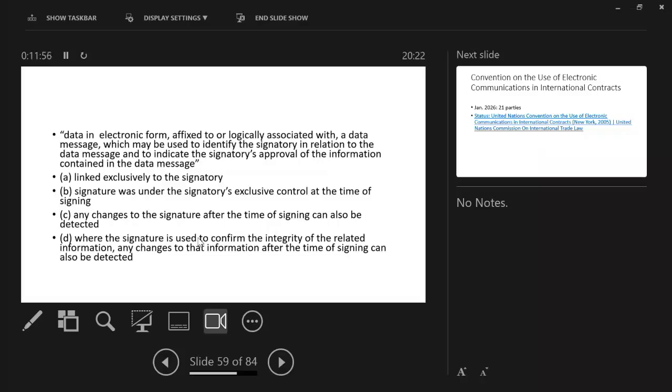Any changes to the signature after the time of signing can be detected, and where the signature is used to confirm the integrity of the related information, any changes to that information after the time of signing can also be detected. And you can kind of see, if one thinks about DocuSign, this is exactly what DocuSign does. But in most cases, one has had sufficient effectiveness as a result of the model law on e-commerce to get this effect.